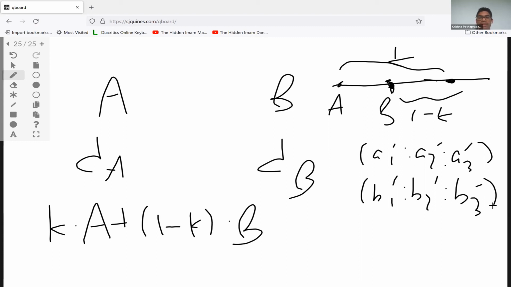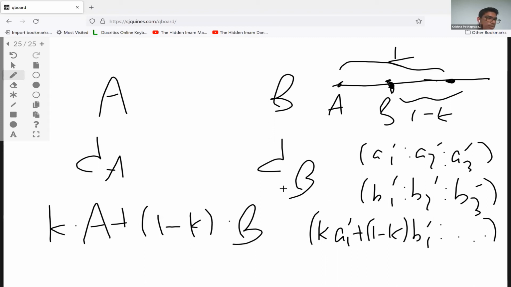And then to get K times A plus 1 minus K times B, this linear combination, we can literally just do K A1 prime plus 1 minus K B1 prime, and so on. And this has degree at most degree of A plus degree of B.